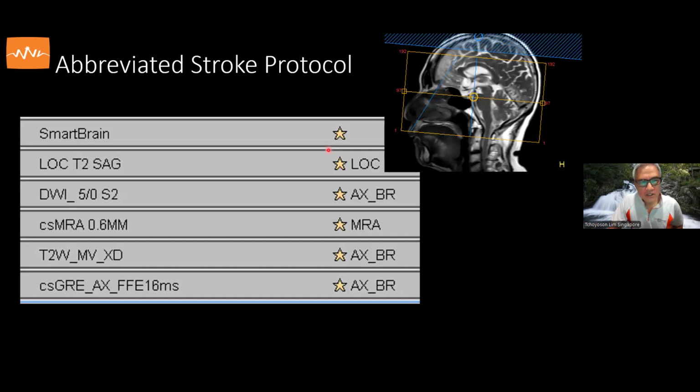So I mentioned earlier that we have a stroke protocol, and we run this 24 hours a day because in our aged population, there is a high requirement and a long waiting time for stroke service.